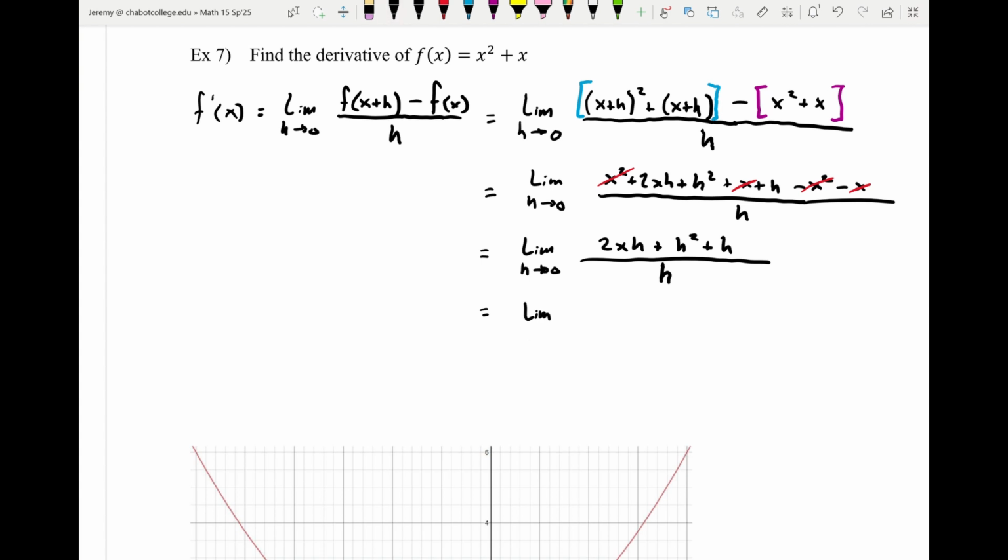So limit as h goes to 0 of, I'll factor out an h, and on the inside I have 2x plus h plus 1, all over h. And hooray, the h's cancel out.